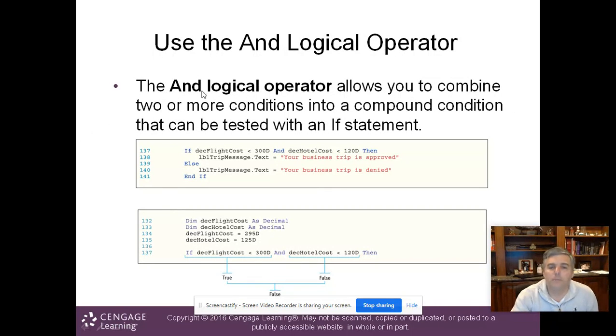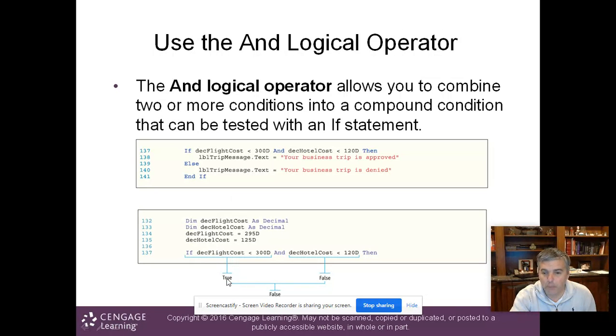So the AND logical operator allows you to combine 2 or more conditions into a compound condition that can be tested with an if statement. In this example, we say if flight cost is less than 300 and hotel cost is less than 1,200, then we do something. So we're combining two different conditions into this statement.